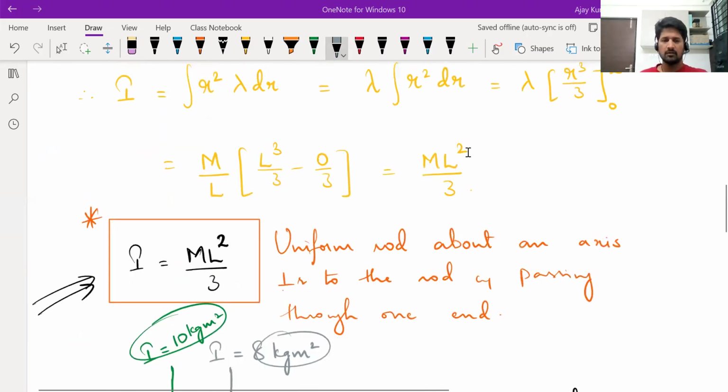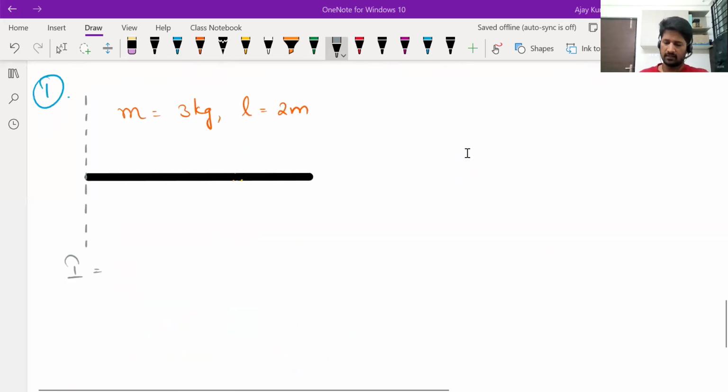The formula we got is ml square by 3. Okay. Applied directly, 3 into 2 square divided by 3. The answer becomes 4 kg meter square. Fine.